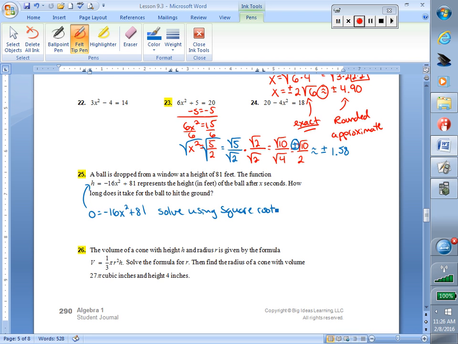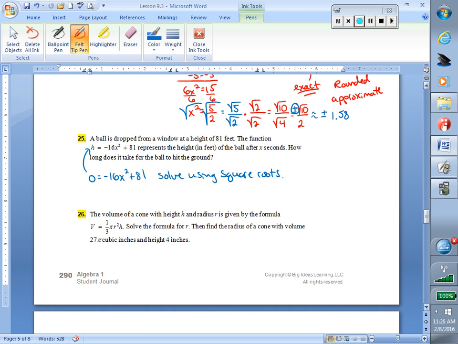Back in chapter 7, we did some things with greatest common factor to solve something like this. Last chapter, we did some graphing to solve something like that. But now we could solve using square roots. So I just wanted to throw that out there. We're not going to finish it off. We don't have time today. But just to give you that idea, that's how you could solve something like that now. We now have that as one of our skills.